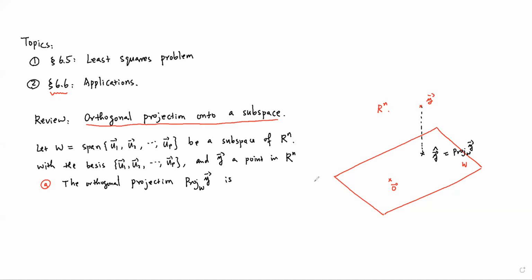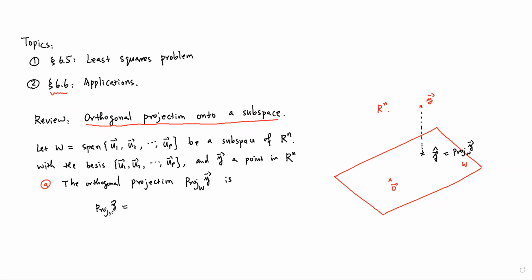The formula is the following. Okay. Y hat, the projection of Y onto W. Because Y hat is in the subspace, all the points in the subspace W are a linear combination of the basis vectors.